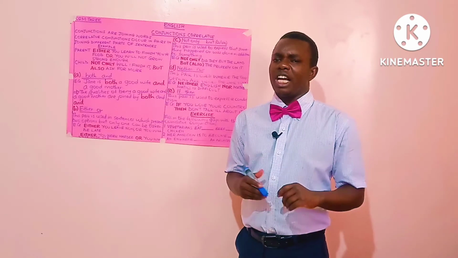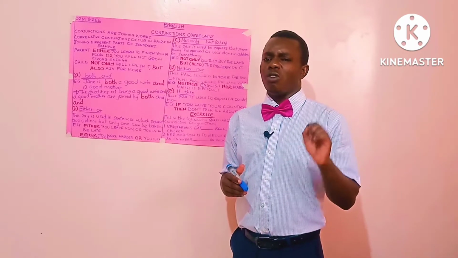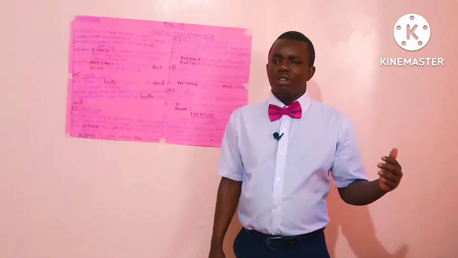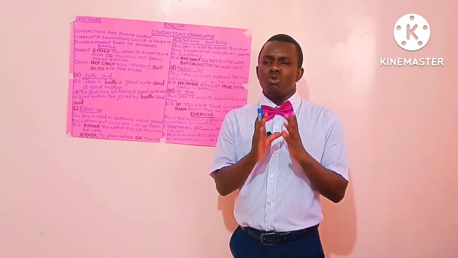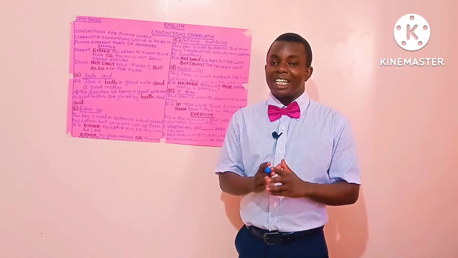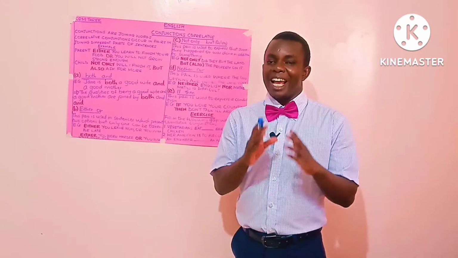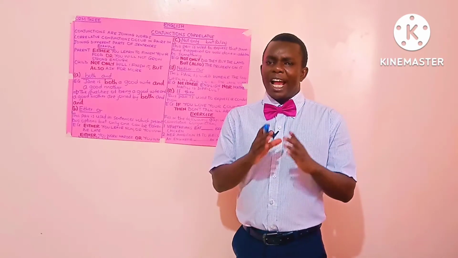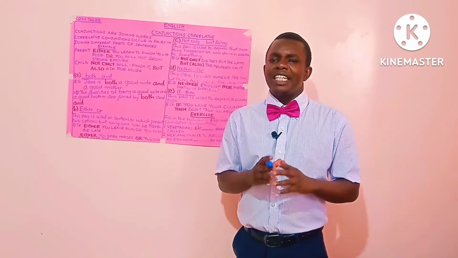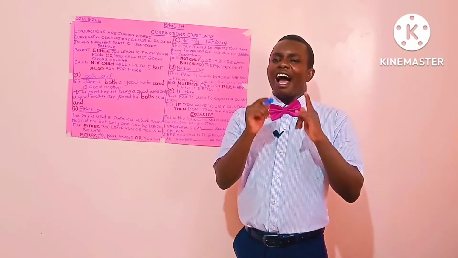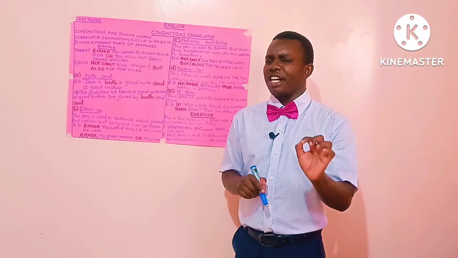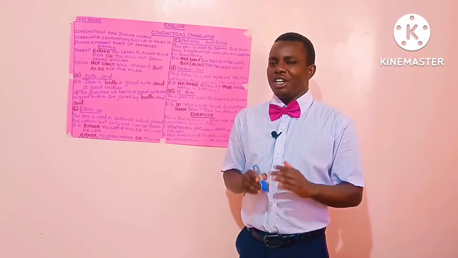Today's study is on correlative conjunctions. First, I would want us to refresh our minds on what a conjunction is. A conjunction is simply defined as a joining word. Conjunctions are joining words.